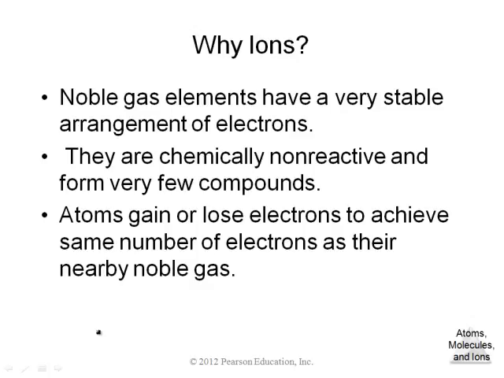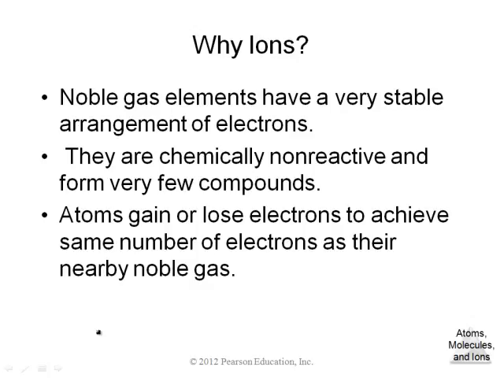So noble gas elements have a very stable arrangement of electrons, and they are chemically non-reactive and form very few compounds. Every other element in the periodic table, their goal is to be like the noble gas. Okay? Noble gases, that name itself, they have a particular nobility. They are kind of special. They are just above everyone. Just like us, if we find someone up there, we all want to be like that successful person, right?